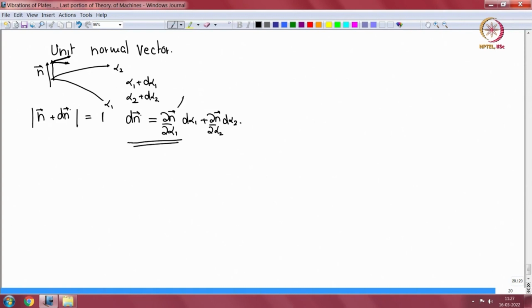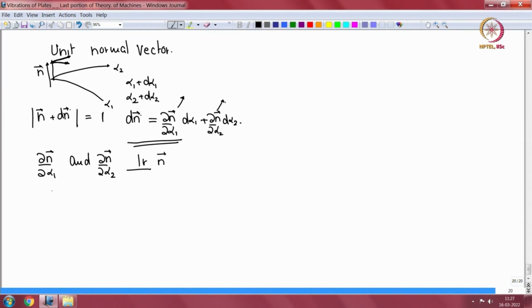So, this will lie in the alpha 1 direction, this will lie in the alpha 2 direction, no component in the n direction, and therefore, del n by del alpha 1 and del n by del alpha 2 are perpendicular to the local normal.